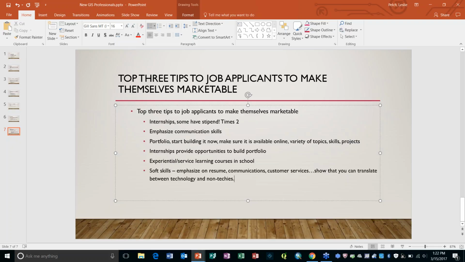And the last thing that I'll say about tips to make yourself marketable is focusing as much as possible on making your experiences multidisciplinary or interdisciplinary, making sure that you're pursuing opportunities that push your boundaries and not just doubling down on ArcGIS, but trying QGIS or learning some Python skills, or getting experience in planning if you're a natural resources person, or engineering if you don't necessarily have that background, because being able to show that you've got flexibility is good.